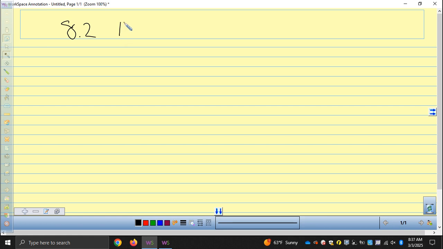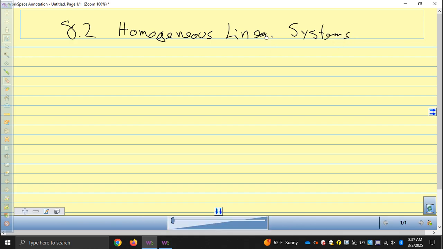All right, so today we're going to solve homogeneous linear systems. And we're going to have a specific kind, and we're splitting 8.2 into three parts because of the different ways, not different ways, but different possibilities, that we end up solving these things.